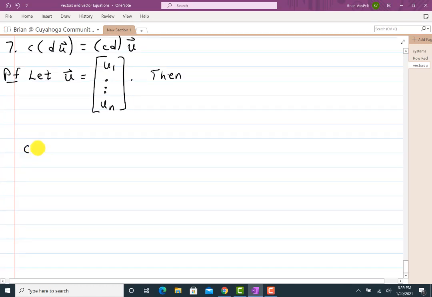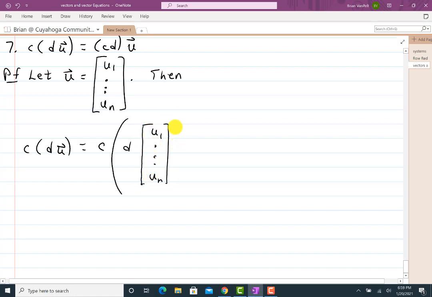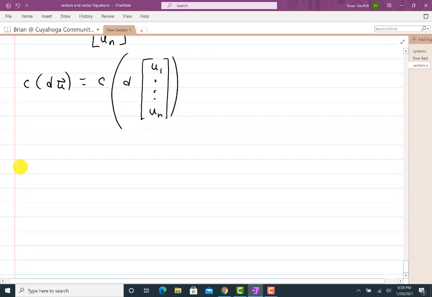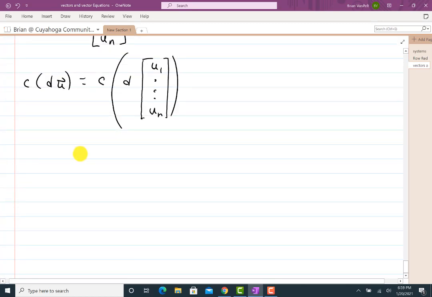If I do c times du, that means I'm going to do c times d times u1 up to un. Well, since I'll do the parentheses first, the order of operations is still valid no matter where we're at.